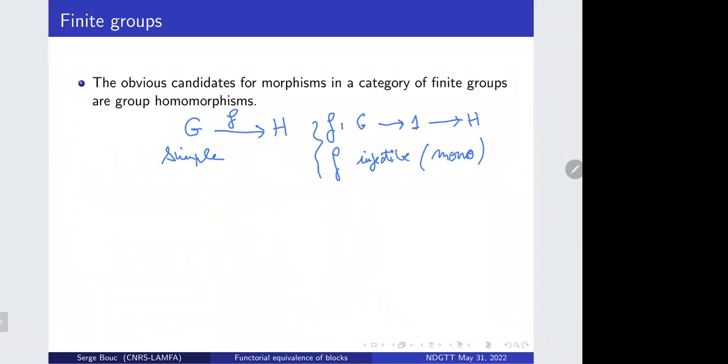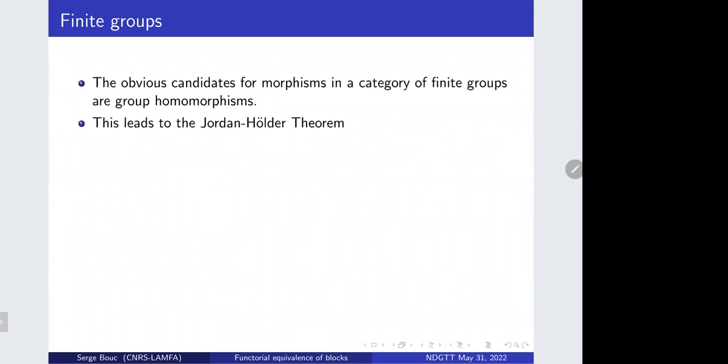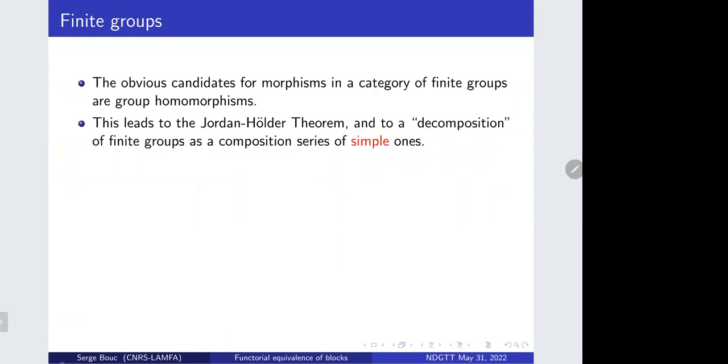And of course, being given a finite group, can we decompose it into these atoms? It is the celebrated Jordan-Hölder theorem, which tells us precisely that for a given finite group, there is always a composition series, and the successive quotients in this series are well-defined finite simple groups.